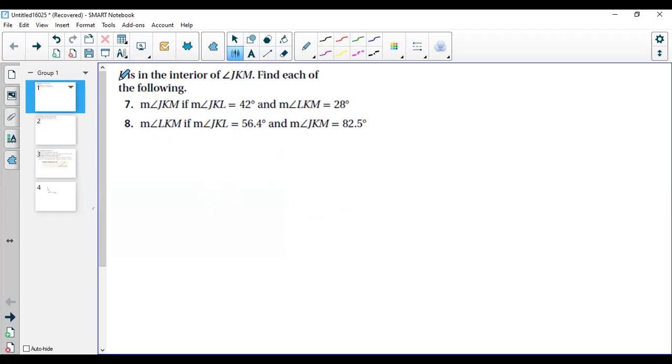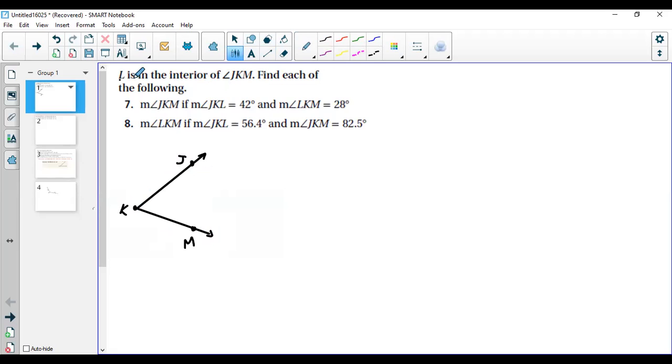So what did they say? L is in the interior of angle JKM. So the angle is JKM. So first draw the angle. You can draw it however you want to. So I'm drawing it like this. And I'm going to name it J, K, and M. This is angle JKM.